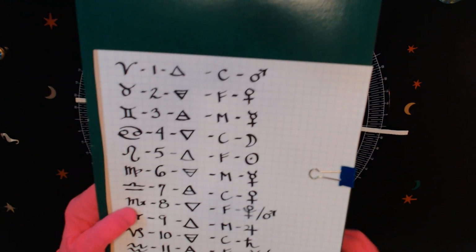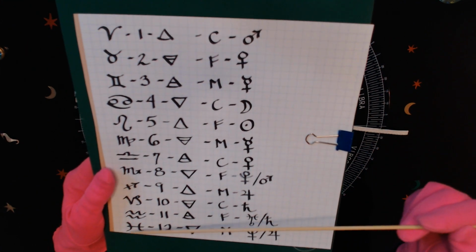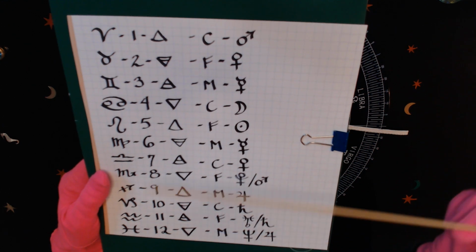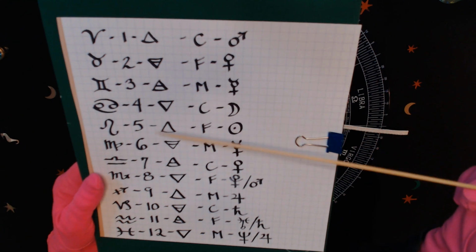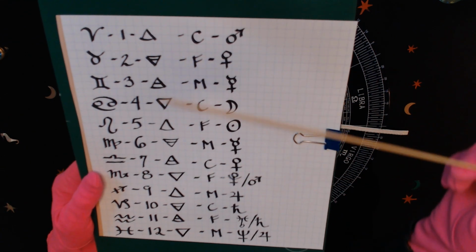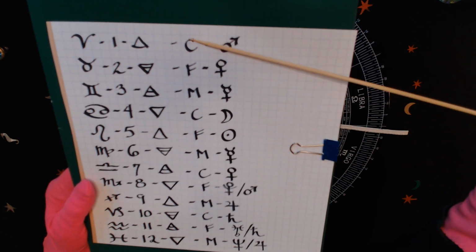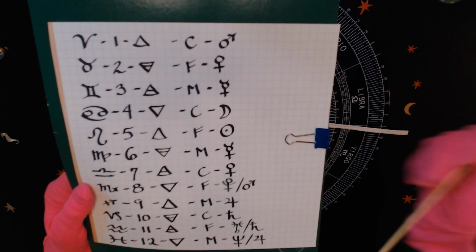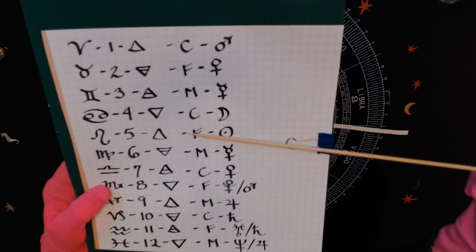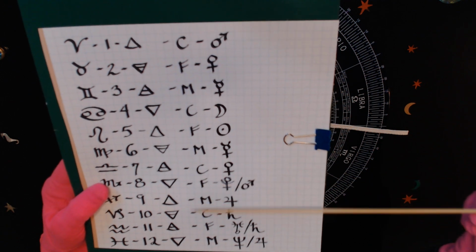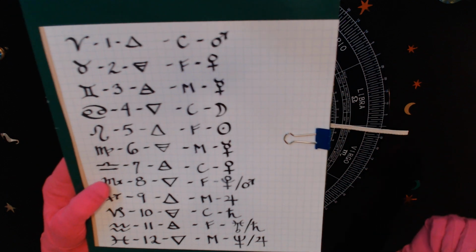And remember this from way back when we were talking about all the signs, the houses each sign rules, the elements, fire, earth, air, water, fire, earth, air, water. So there's that pattern. And feel free to take a screenshot of this. And then for the modalities or qualities, it's called cardinal fixed mutable, cardinal fixed mutable, cardinal fixed mutable, right? And these are the rulers of each one of those signs.